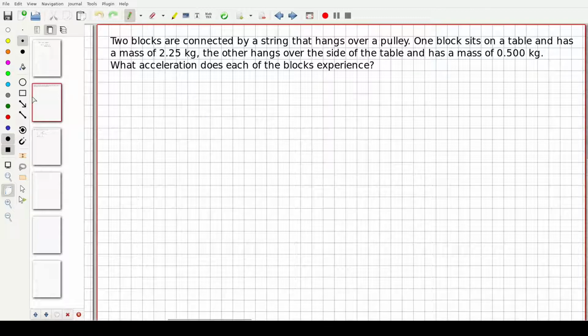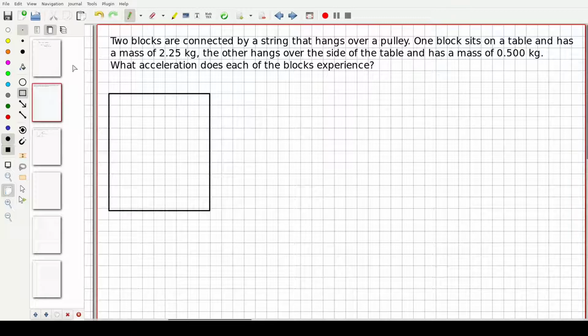So here's a table right here. I still have the bold on. And here's a pulley that we're going to hang our string over. So let me move this over here, like that. And here are two masses.